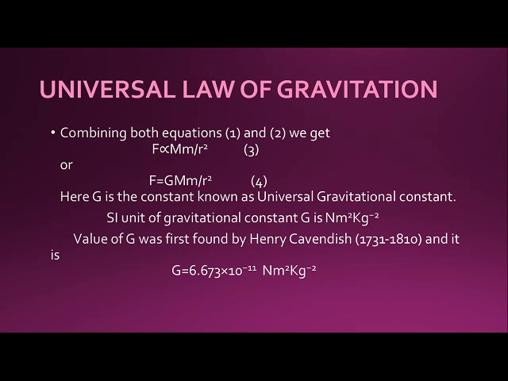Now in this equation, we replace the sign of proportionality with a constant capital G. This capital G is known as the universal gravitation constant because its value remains constant irrespective of any heavenly body you talk about.